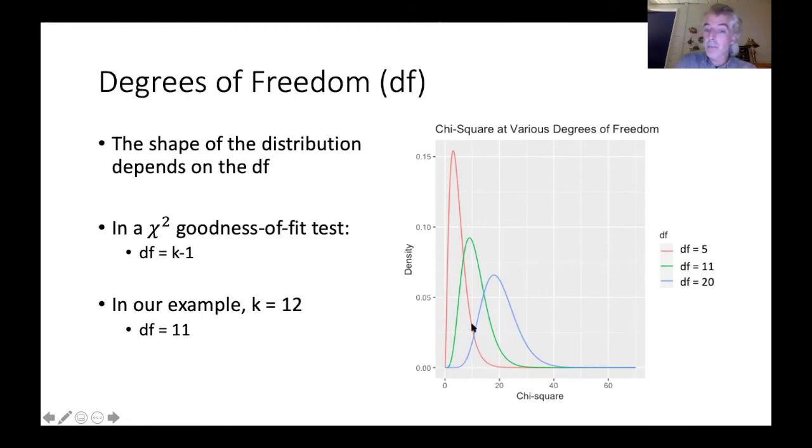And finally, this blue distribution is a chi-squared distribution where we have 20 degrees of freedom, or in this case, 21 categories. Okay, so this is why we calculate our chi-squared value as our test statistic, because this test statistic has really predictable patterns that depend on how many categories we're talking about.